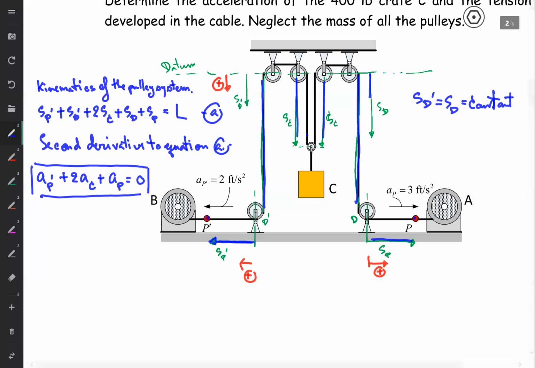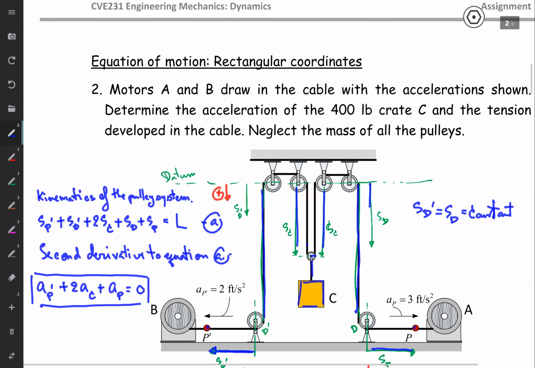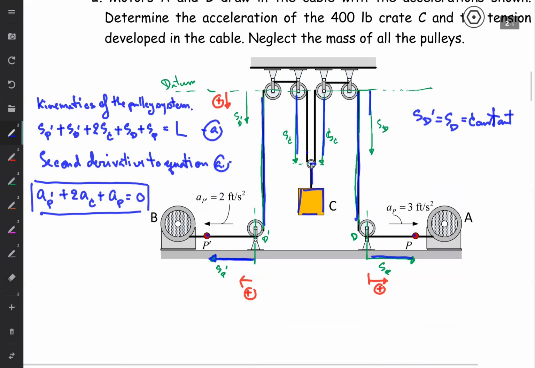We can assume that the acceleration AC means the acceleration of the pulley at this point, but it is connected with only one cable with the crate, so it should be the acceleration of the crate also. From the problem, we know that AP prime is equal to 2 ft/s², and AP is equal to 3 ft/s².